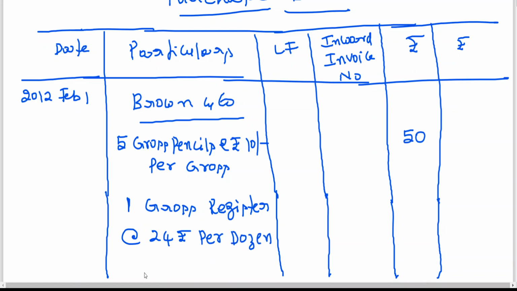I have told you, 12 into 24, it is coming to 288 rupees.